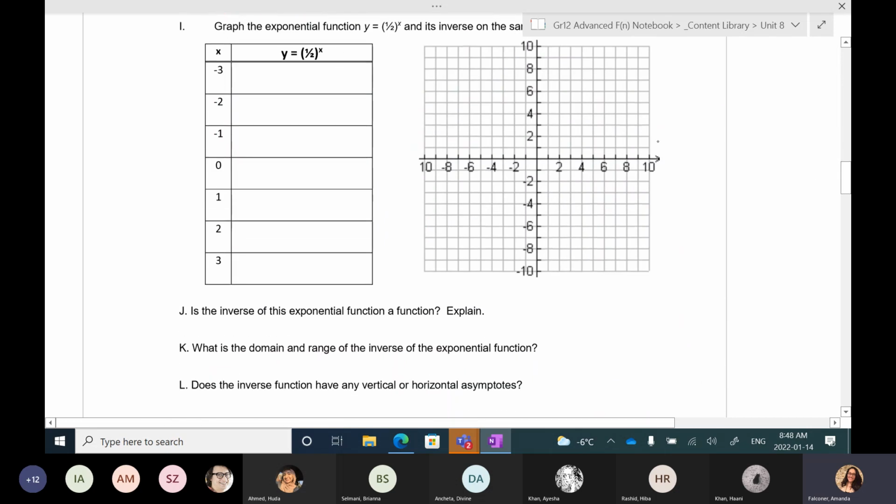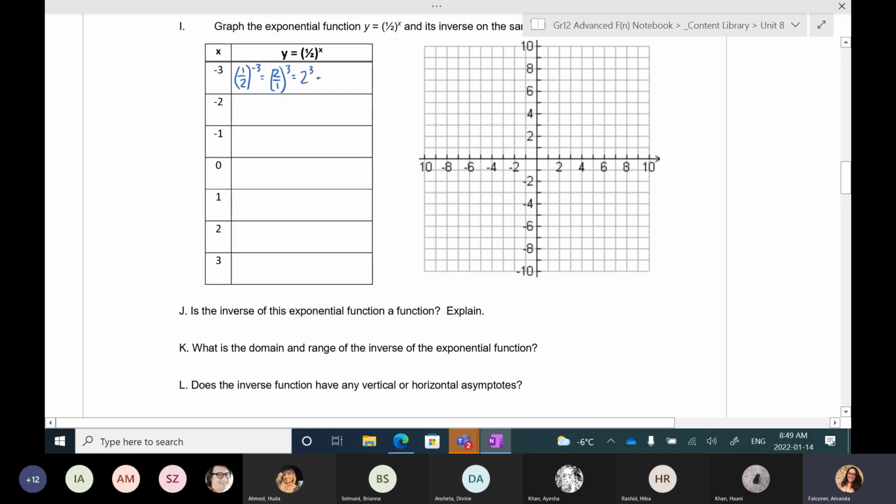Okay, so the graph of the exponential function, when the x's are chosen for us, if I sub in this -3, the negative means that we flip it, and then we evaluate the exponent. So that's really 2 to the 3.